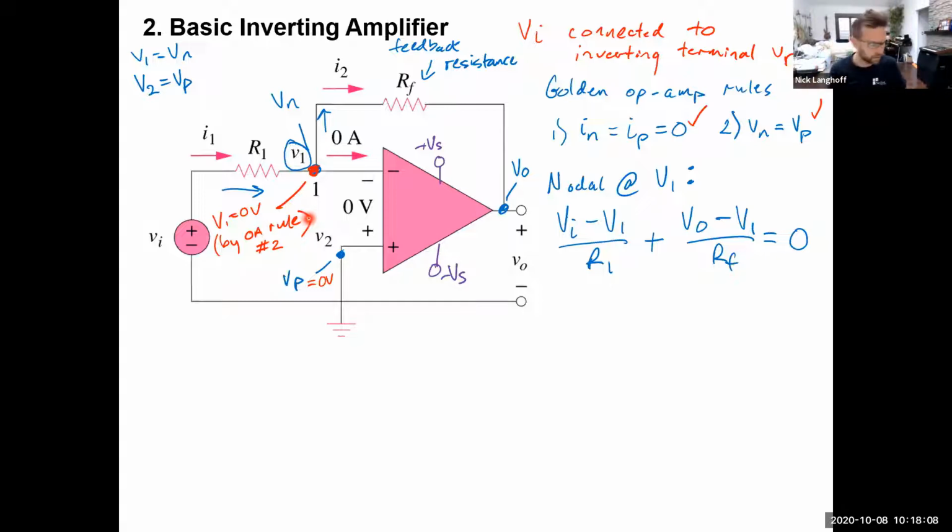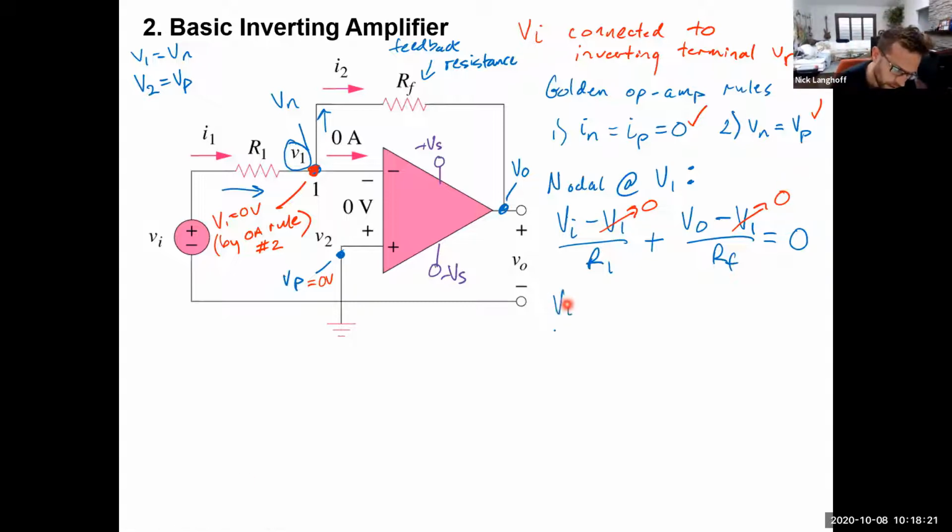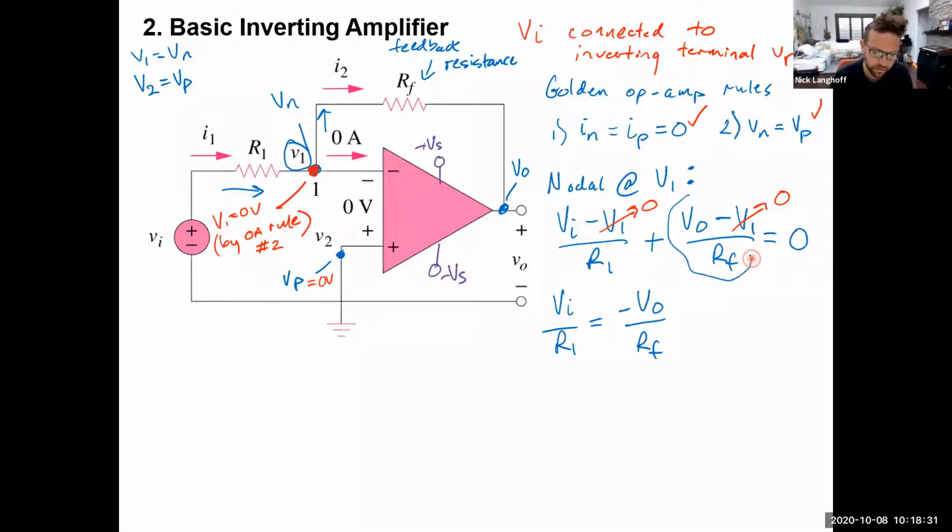It is also equal to 0 volts. What that allows us to do is set V1 to 0 in both of these terms. And what we end up with is that VI over R1 is equal to negative V out over RF, if we move that V out over RF term over to the other side.